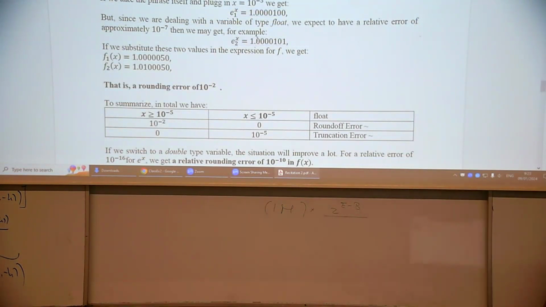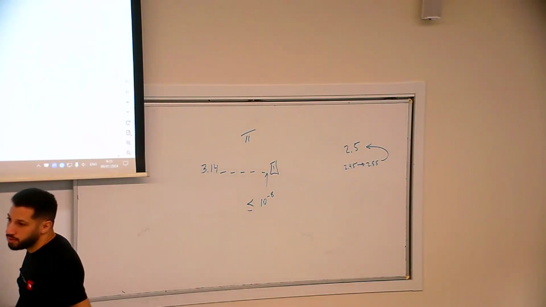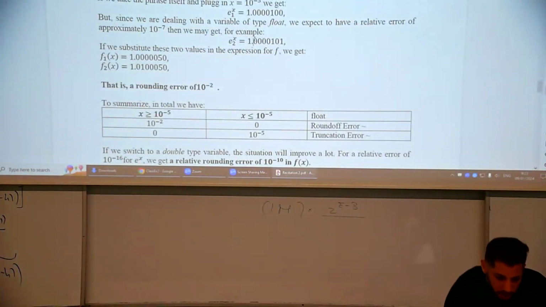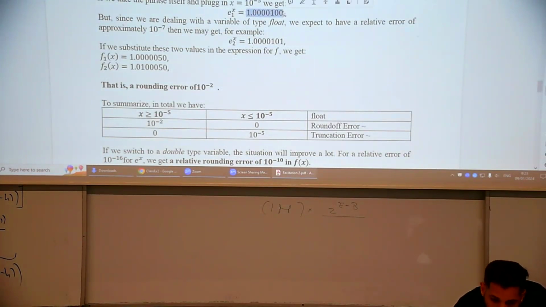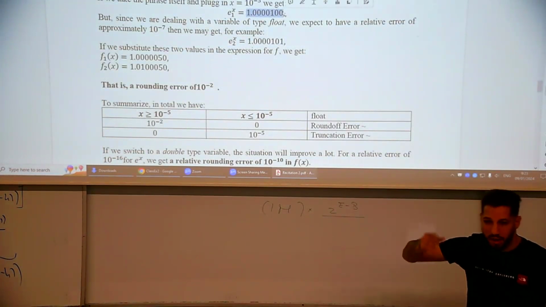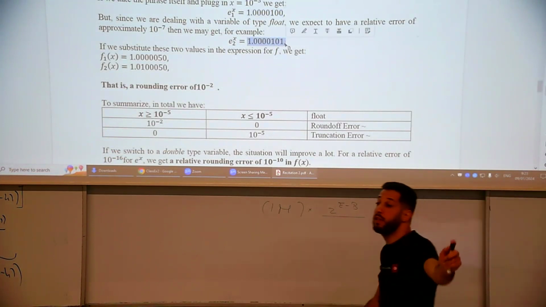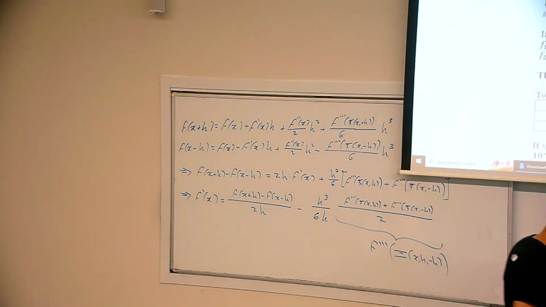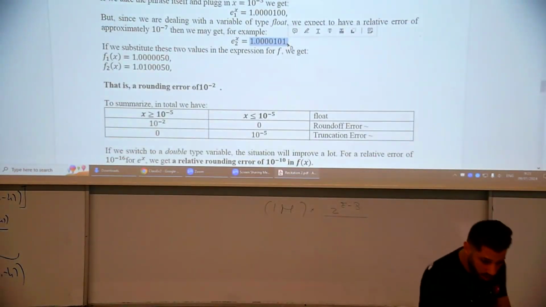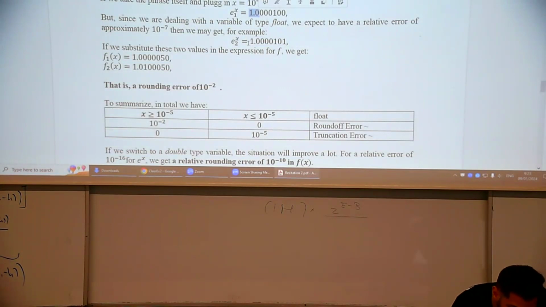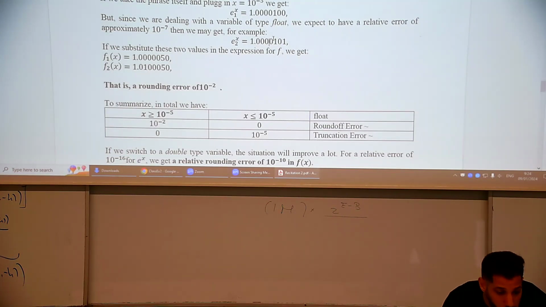So the e to the x, for example e to the 10 to the minus 5, equals this number, and it might store it with an error of 10 to the minus 7, so it might store it like this. That's the e to the x. But now we take minus 1 and then divide by x. Because of that minus 1, take minus 1 from this, take minus 1 from this. Now these two numbers differ by 1%, not 10 to the minus 7.